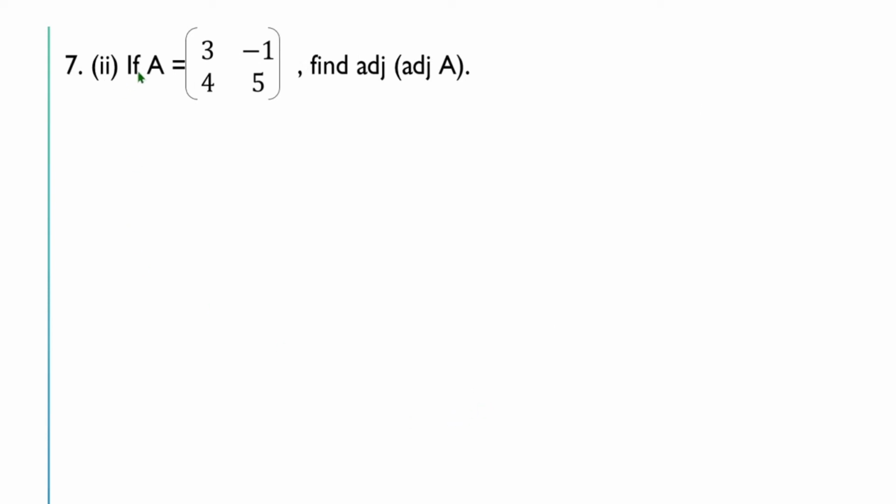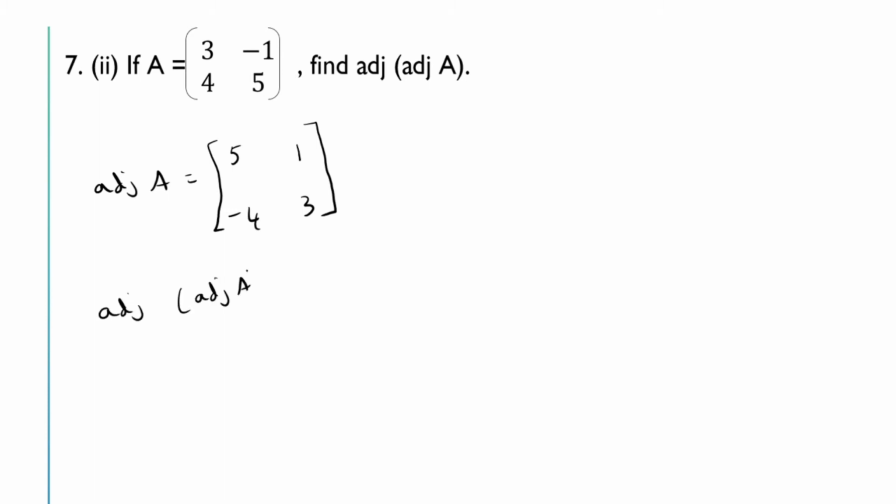Next question, if A is equal to 3, minus 1, 4, 5, find adjoint of adjoint of A. If A is a square matrix of order 2, then we can find adjoint of A by interchanging the diagonal elements and changing the sign of the remaining elements. So this is adjoint of A. Now, to this matrix we have to find the adjoint.